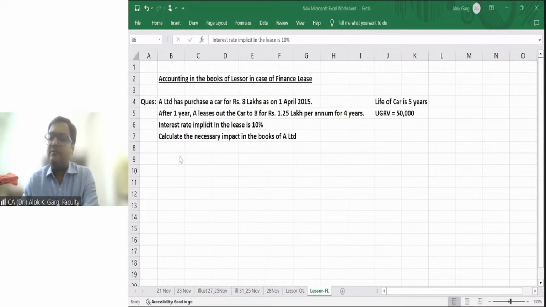Okay, clear? Likewise, if the bank is giving you a loan, you are purchasing a flat and taking a home loan for 30 lakh rupees for a period of 20 years. But if you do the aggregate of the total installments, you will find that in 20 years, for 30 lakh rupees, you end up paying 1 crore rupees or more.